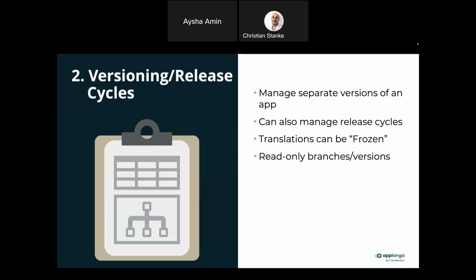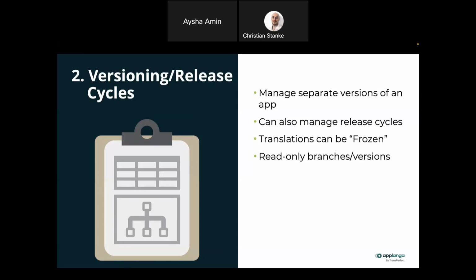So that brings us into our next potential use case, and that is for versioning. The branching feature can be used for versioning, hence why you'll often hear us say branching and versioning. This case allows teams to manage separate versions of an app, right? You can maintain different versions simultaneously, like having version 2.1, 2.2, 2.3, and so on, right?